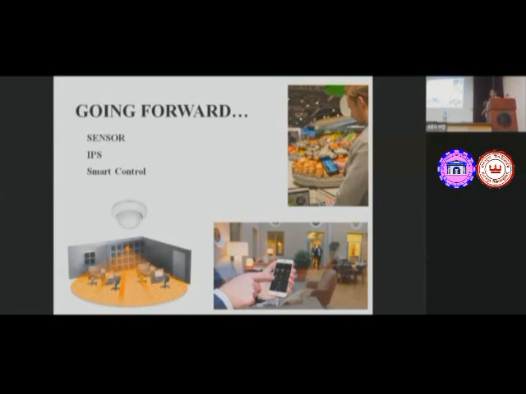Within a shopping mall, it can be understood where you are, or if you want to look for something in the whole complex, depending on the position of the person, it will show where the person needs to go. Smart control systems are also coming, and are already in the market now.